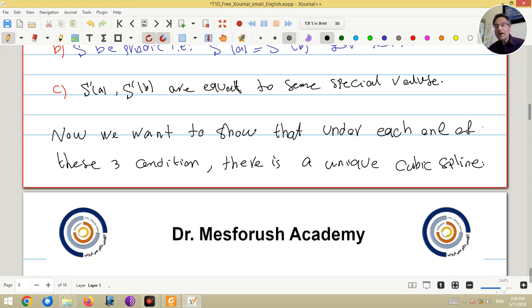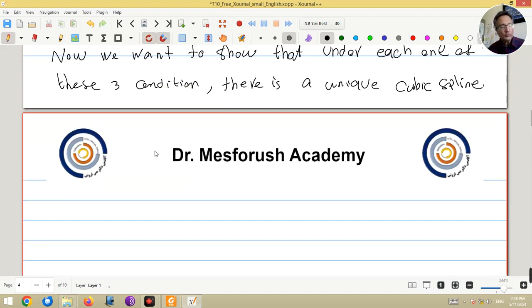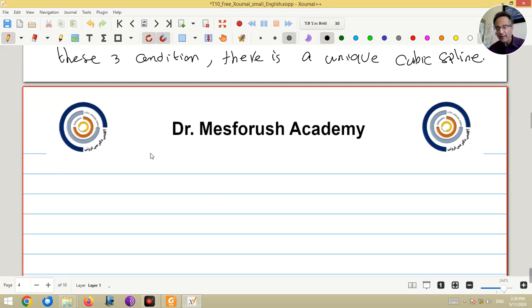The proof of this concept is not very short, and we have to do lots of computation.